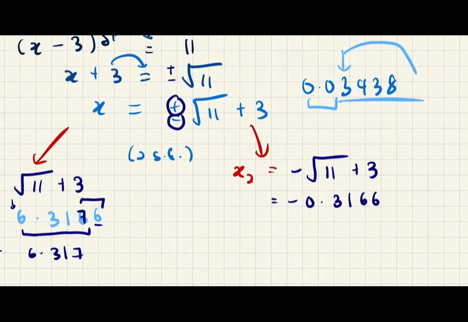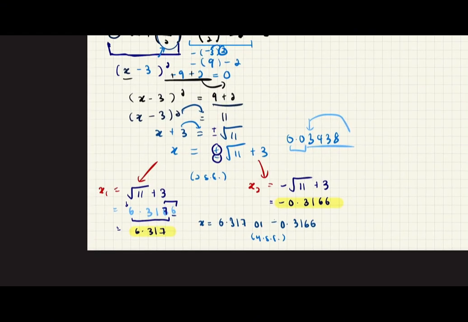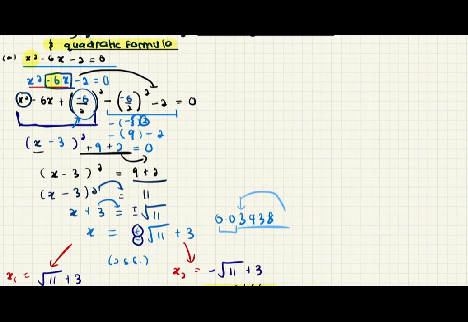Yeah, so for your final answer here, you are going to put x equals 6.317 or negative 0.3166, and then you write down here for standard form. Okay, so that is your final answer for that question.